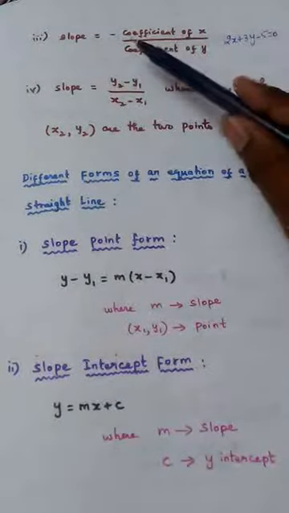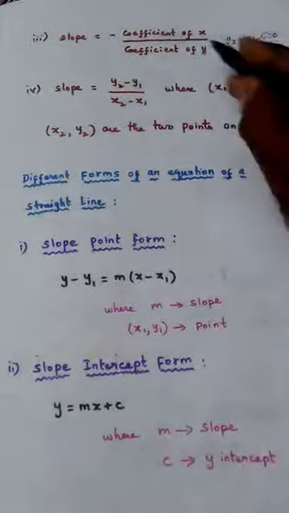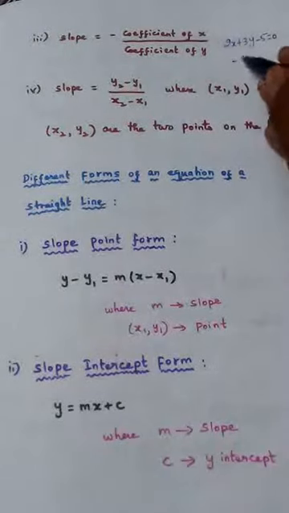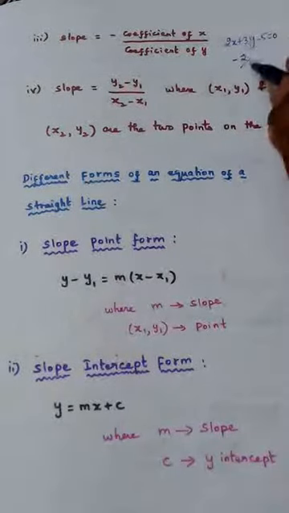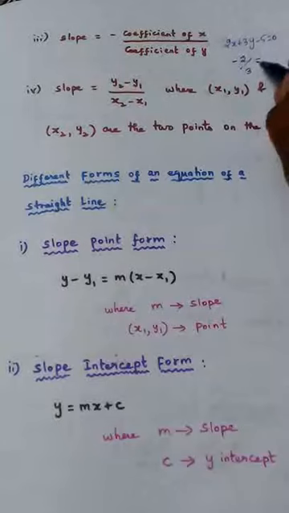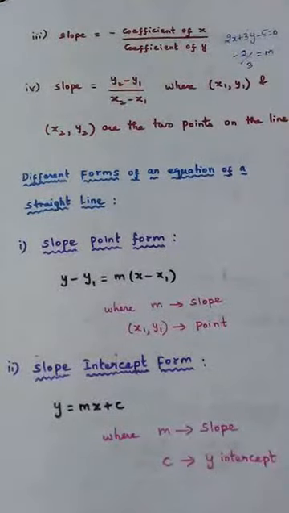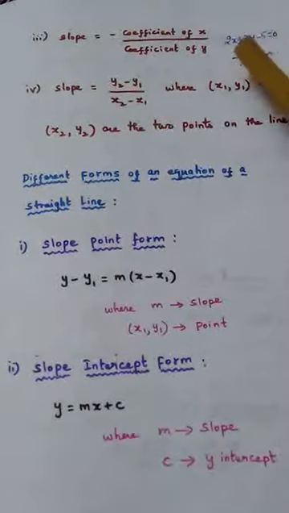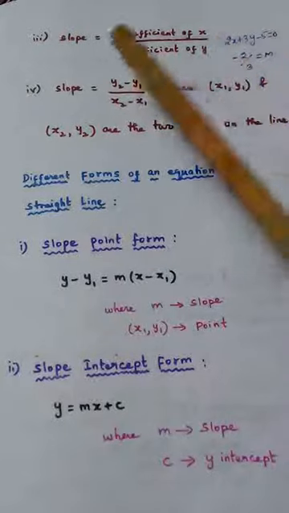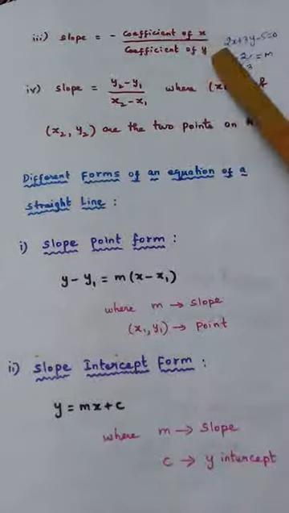Slope is nothing but minus coefficient of x. Here the coefficient of x is 2, so minus 2 by coefficient of y is 3. So this becomes slope. M means slope. So if an equation was given, we can easily find the slope of the line using this formula, minus coefficient of x by coefficient of y.